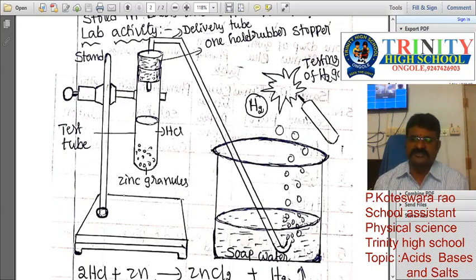For every experiment in a laboratory we must take some precautions, otherwise the result does not come accurate. These are called experimental errors. If experimental errors are more, the accuracy of the result will decrease. So what are the precautions here? First of all, arrange the apparatus carefully.